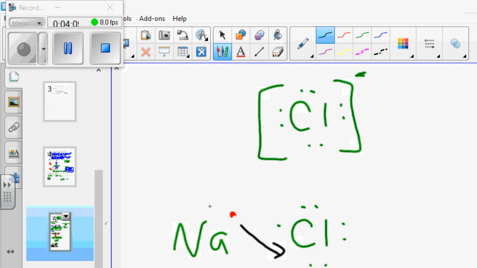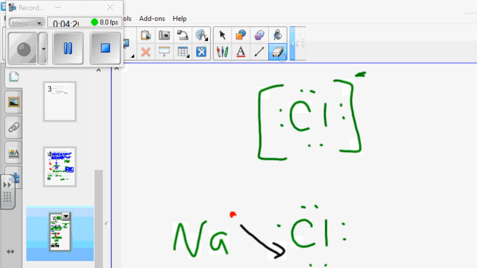Chlorine has all 8 now because it gained an electron. Sorry, this is a positive because it lost an electron, and this is a negative. We don't have to put that 1. We could just write negative. It's assumed. It's 1. Okay, so this is what the final Lewis dot looks like.